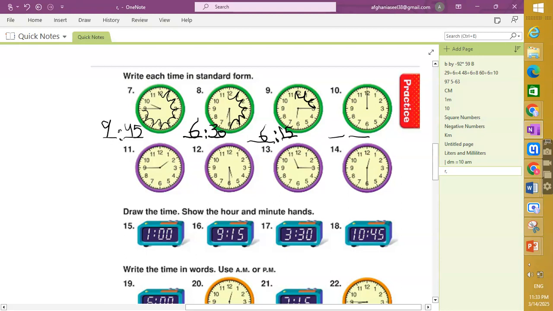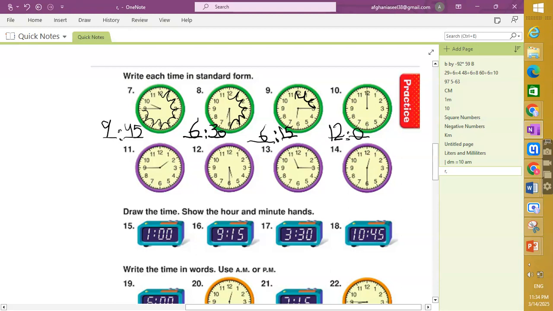What about number 10? The small hand and the long hand are both on number 12. The hour hand and the minute hand are both on number 12. So the hour is represented by number 12 and the minutes on number 12 too.